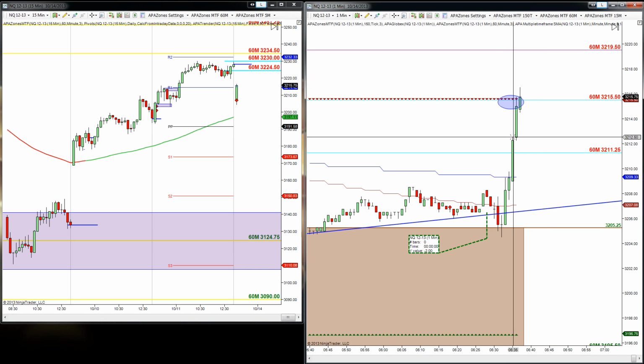I'm looking, this is right here, like a couple candles ago, with only a little wick of like one tick on the upside. That's a pretty strong candle.